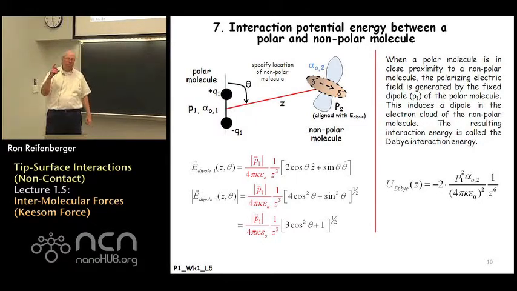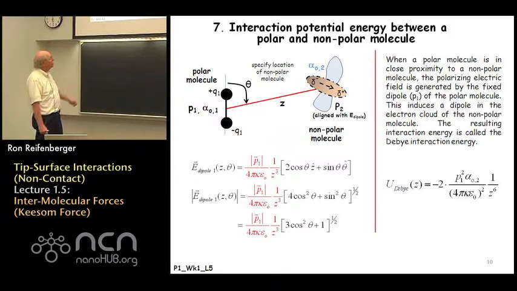The significant point here is that this interaction potential energy also varies as 1 over z to the 6th. So as the separation between these molecules varies, this interaction potential energy decreases rapidly, 1 over z to the 6th power of the separation distance. The answer, not surprisingly, depends on the polarizability of the second molecule. That figures prominently in the formula.